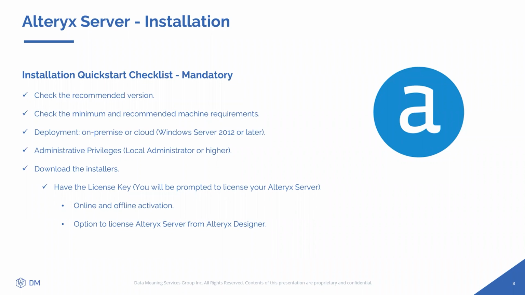And finally, we need to download the installers with a license key. The license can occur both offline and online, and we have the option to license it from the Alteryx Designer. So this is the mandatory checklist we need to begin the installation.